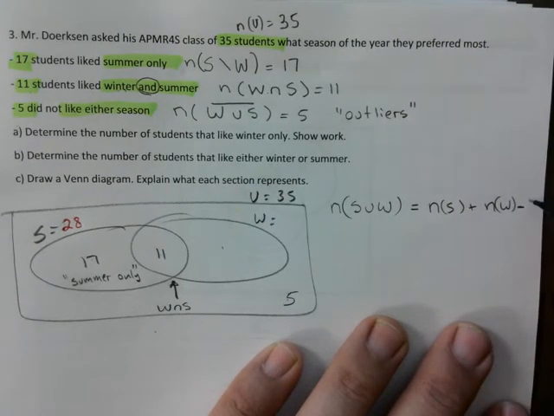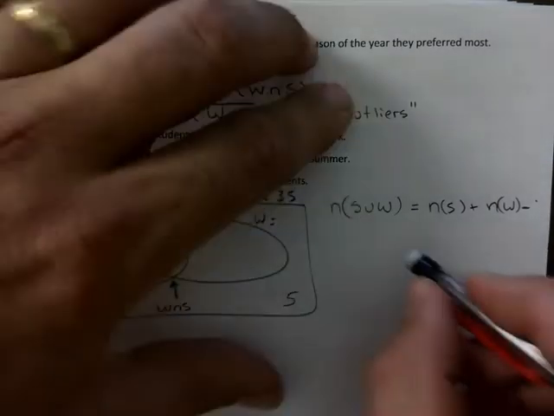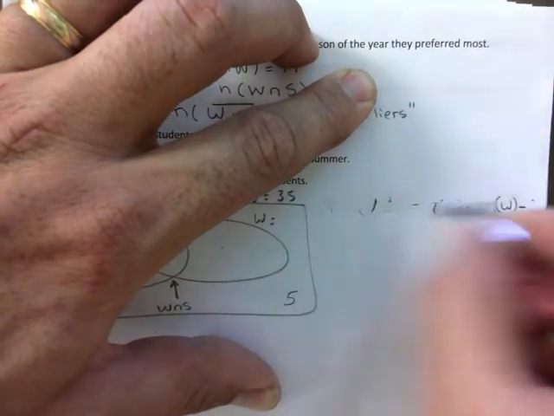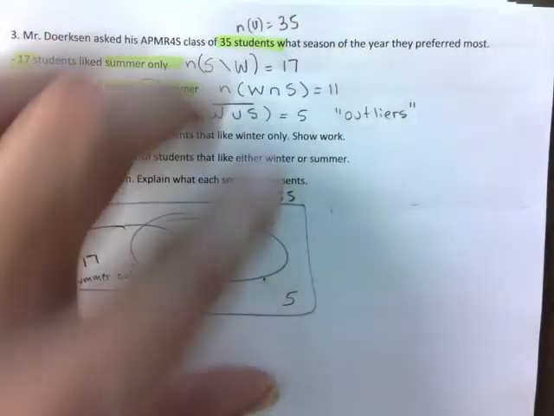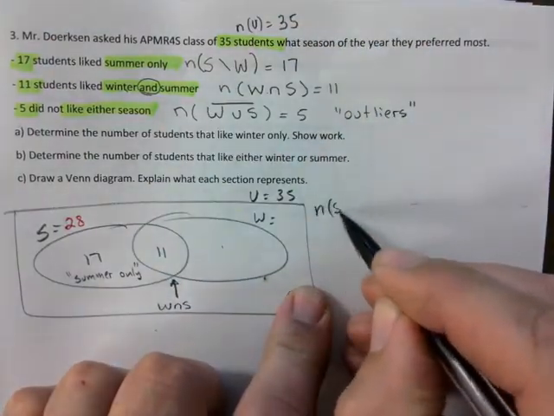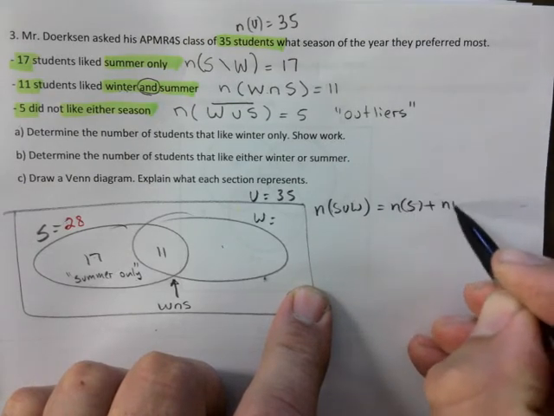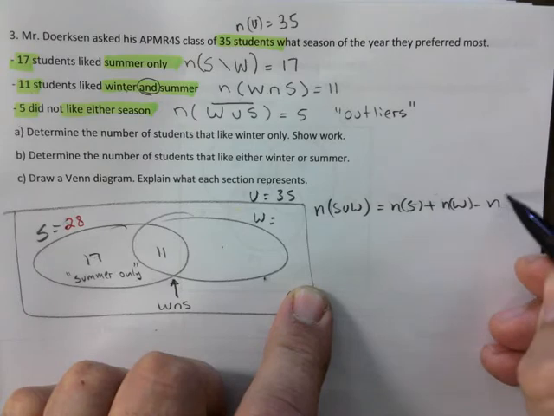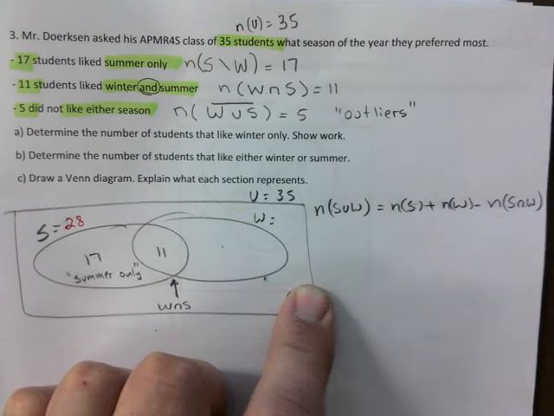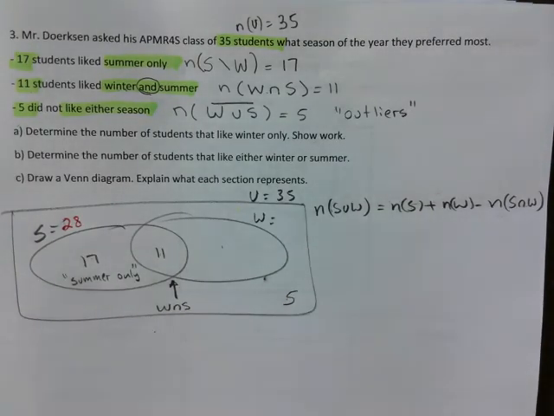I'm going to call this, can I redo it? Sorry, guys. I need more space. Let's try it again. NS plus NW minus NS NW. Okay, so we've got that.